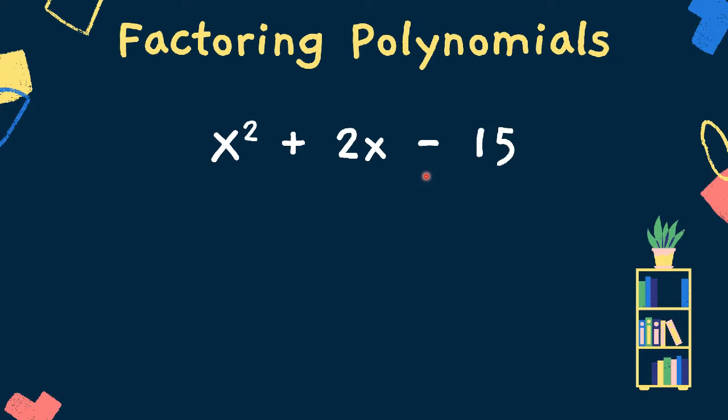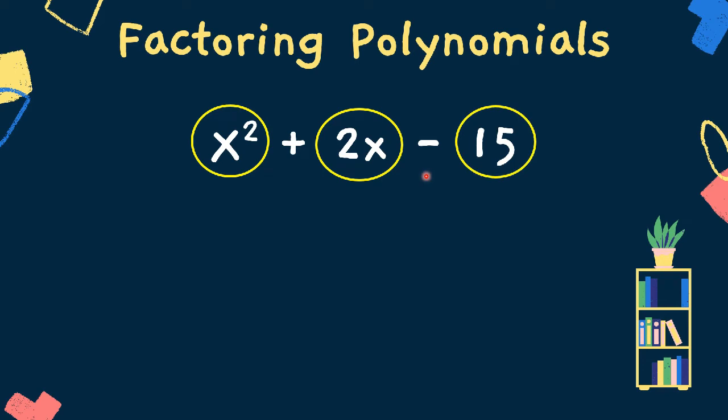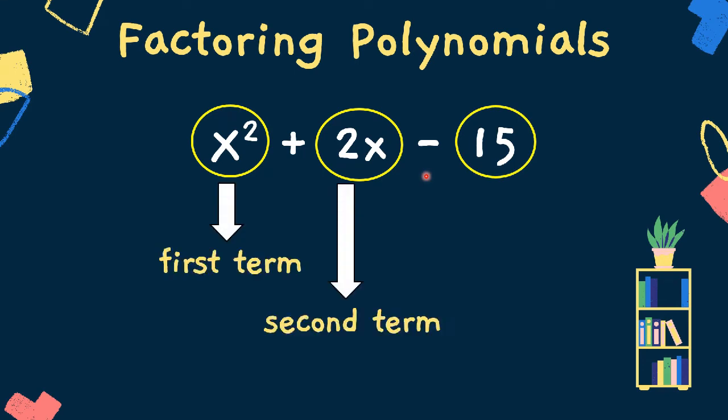Recall that a polynomial consists of many terms. So we have here the terms such as x squared, 2x, and 15. Our x squared is what we call the first term, 2x is the second term, and 15 is the third term.